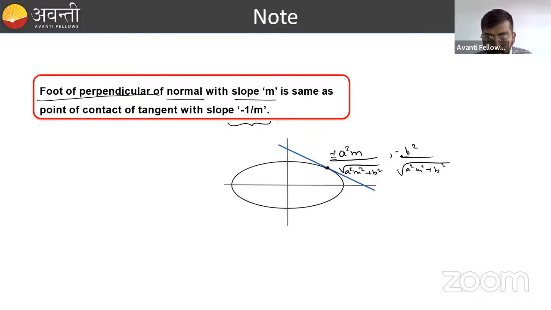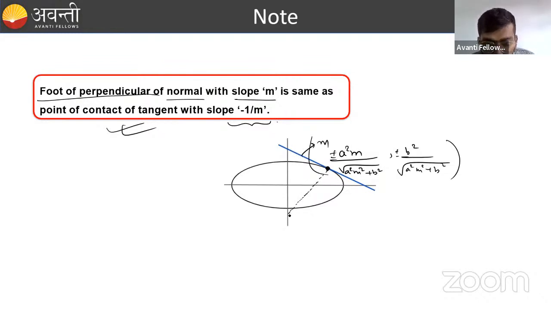So what this statement is saying is that the point of contact of the tangent with the ellipse, whose slope is m, is the same.